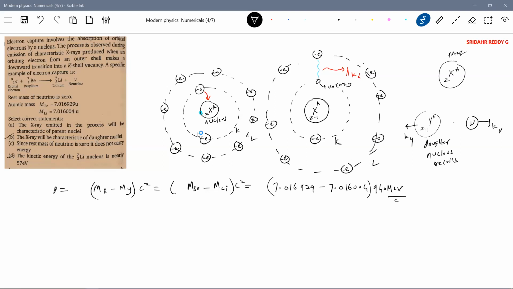So we have to do this calculation. The difference of these two, 7.016929 minus 7.016004, is 0.000925, times 940 MeV. That is 0.8695 MeV.